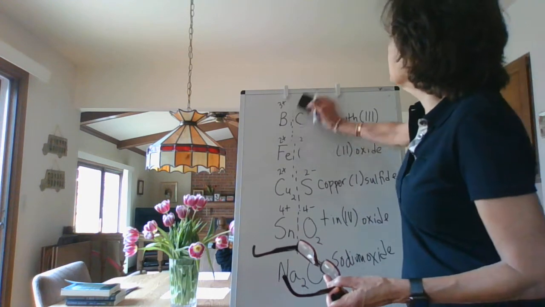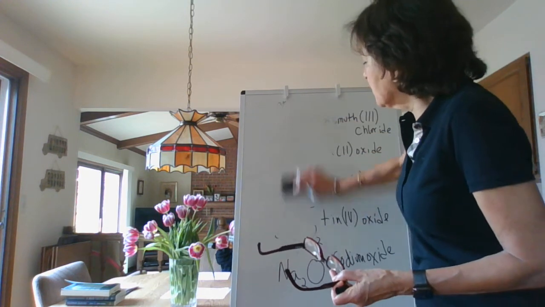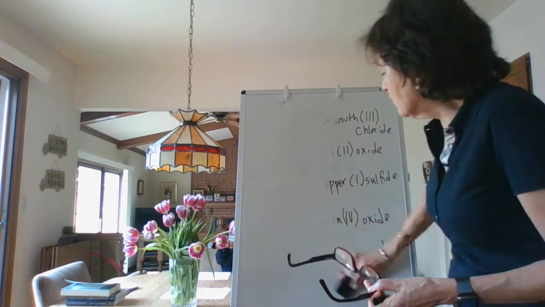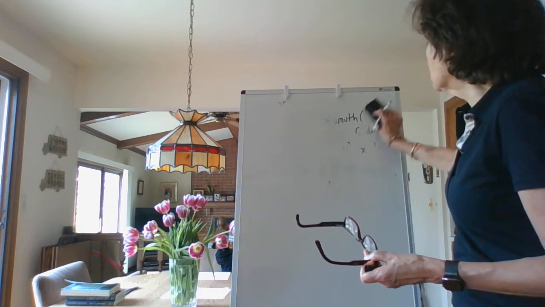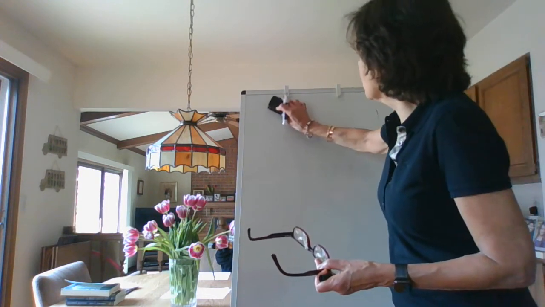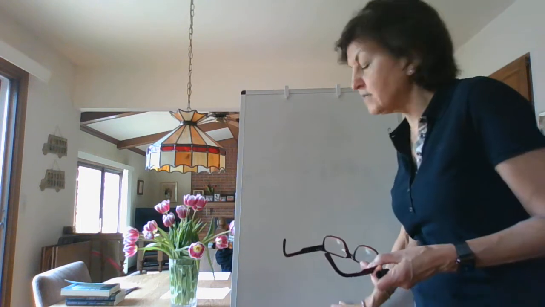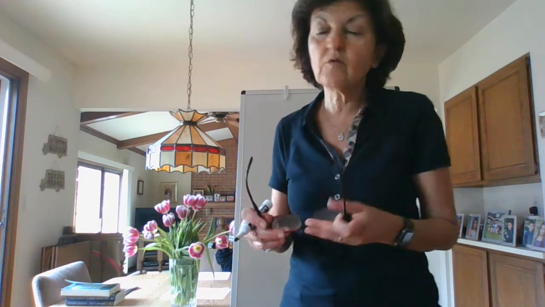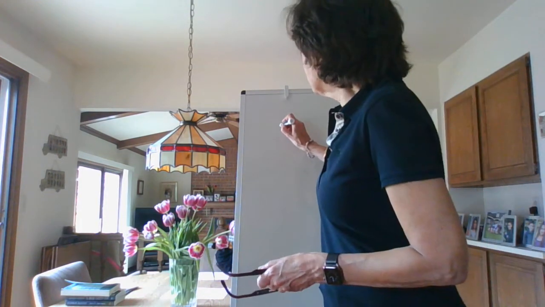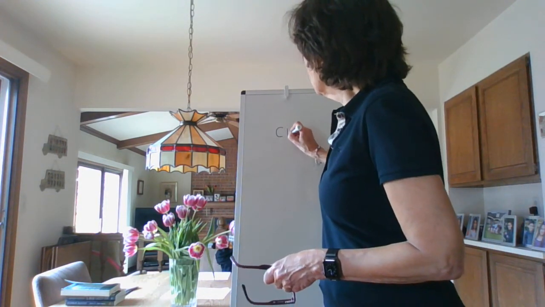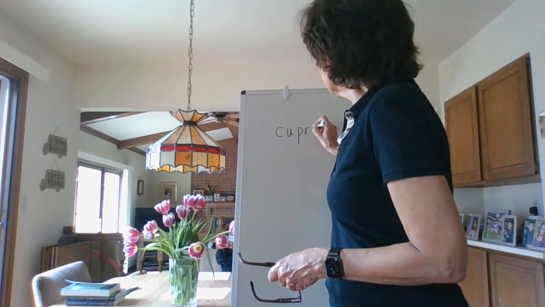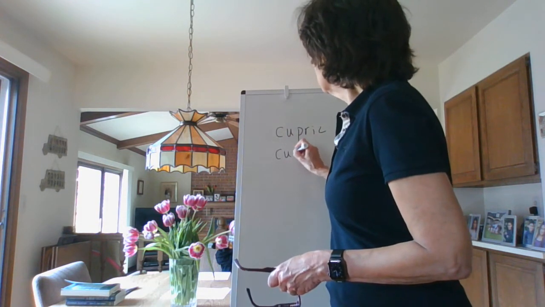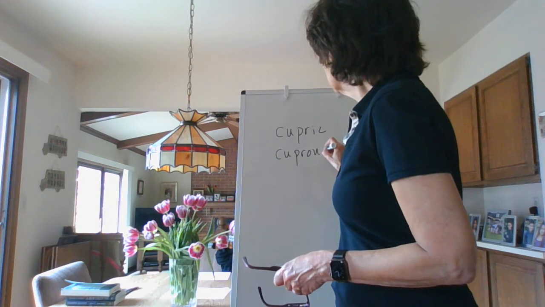All right, a couple of things before we move on to polyatomic ions. The old way of naming things, we used to use the Latin word for the element, and we'd put -ic or -ous. What do I mean by that? Copper would be cupric or cuprous.